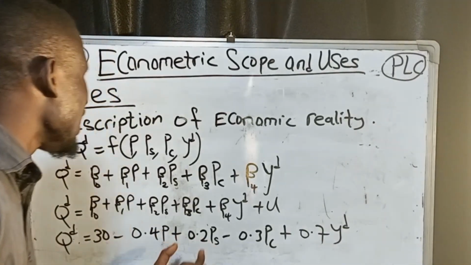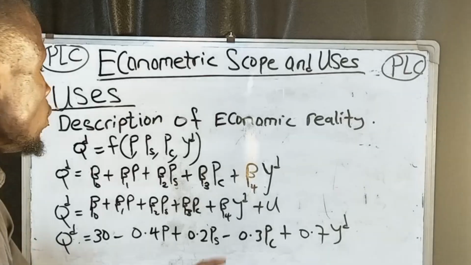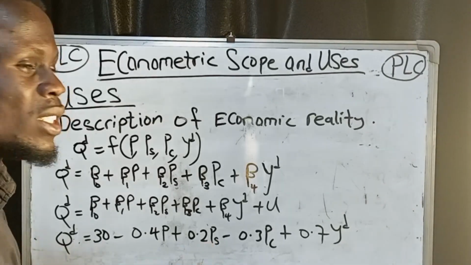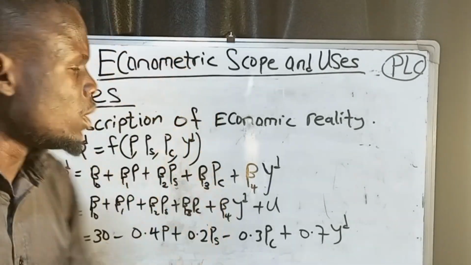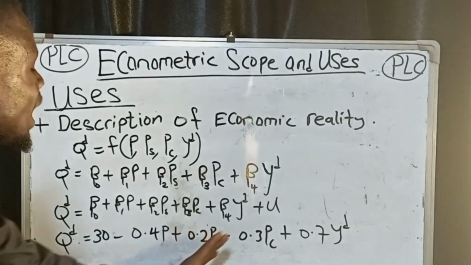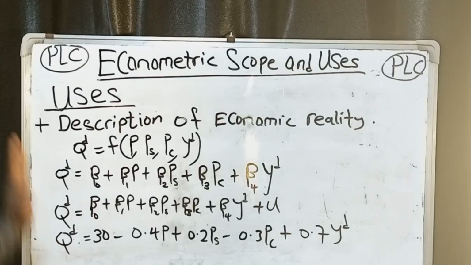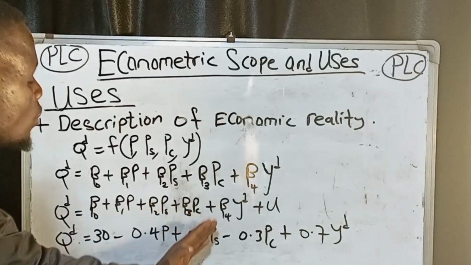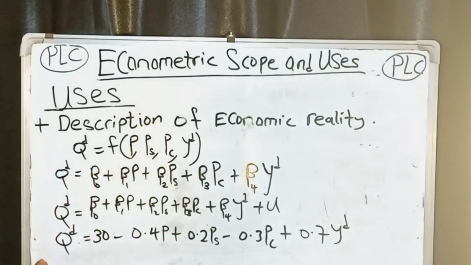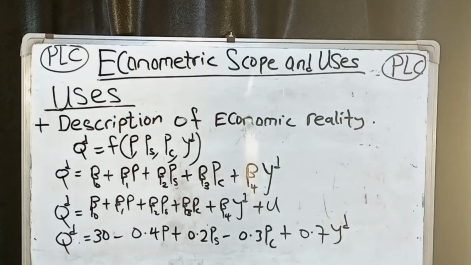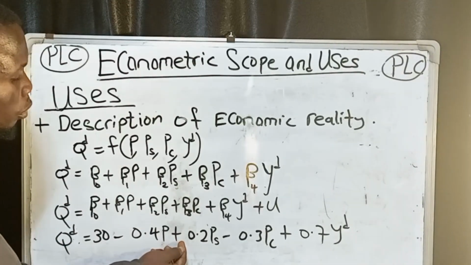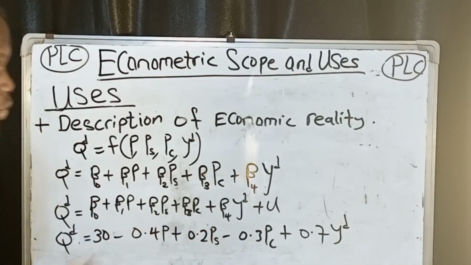Also from here we can see that the price of the substitute of the commodity changes positively with the quantity demanded. That is, the higher the price of the substitute, the higher the quantity demanded of the commodity, and the lower the price of the substitute, the lower the quantity demanded of this commodity. Now, this is denoted by the positive sign before the price of the substitute.